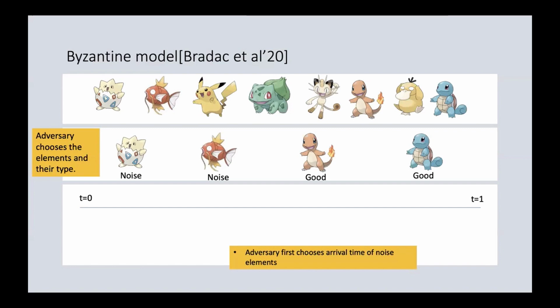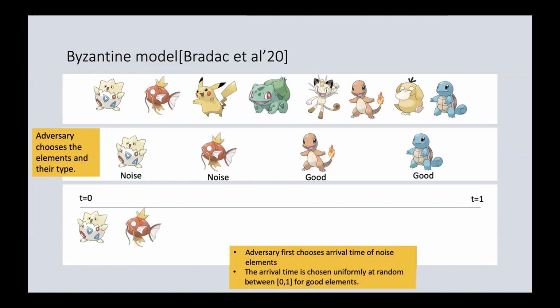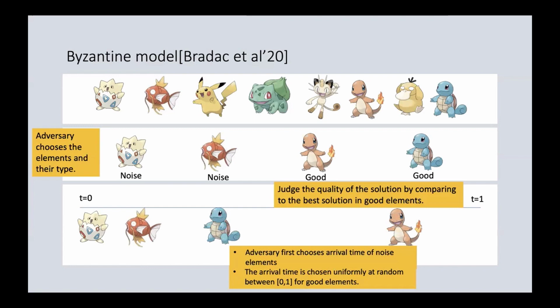Then the adversary chooses the arrival time of noise elements. And then the arrival time is chosen uniformly at random between 0 and 1 for the good elements. Finally, the quality of the solution is judged by comparing it to the best solution in the set of good elements.